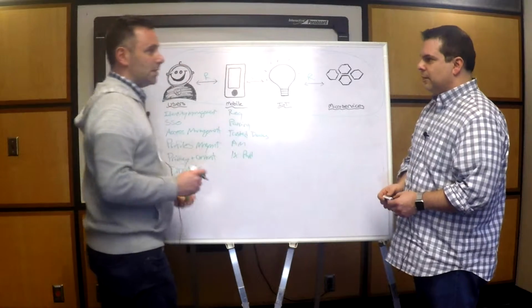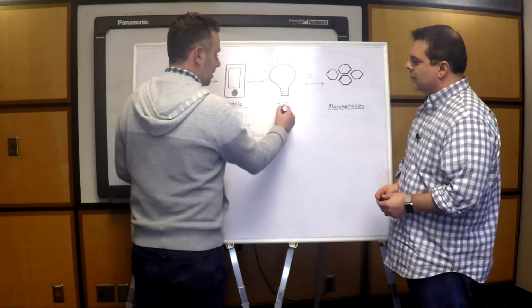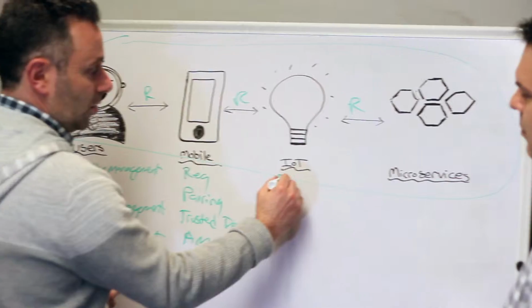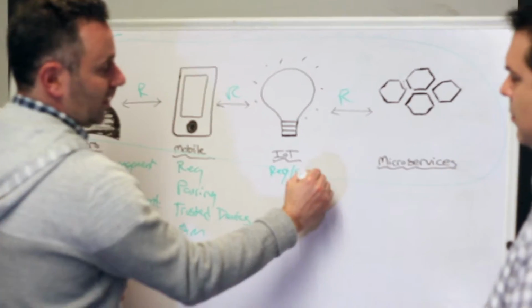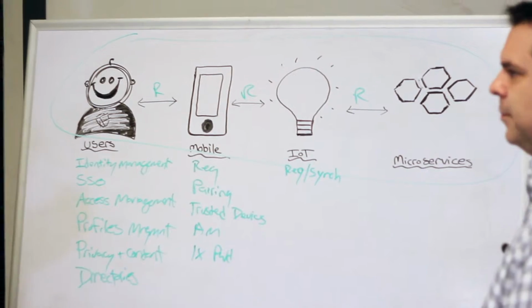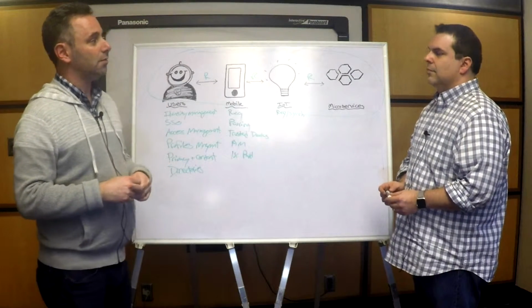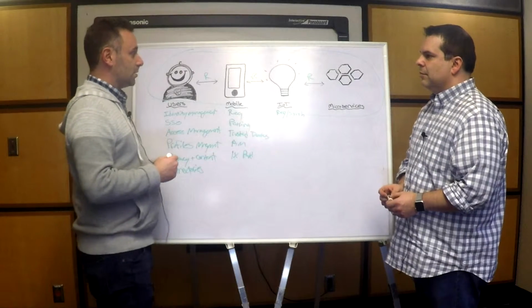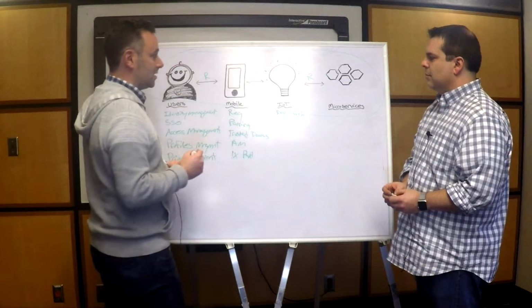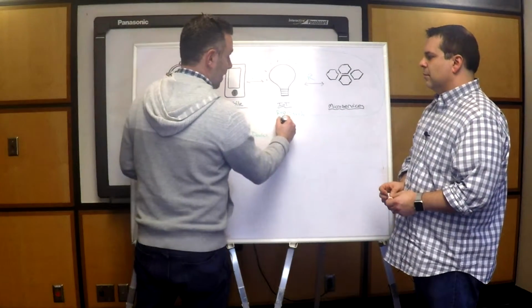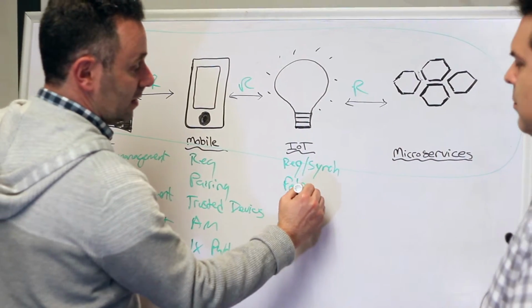And then you go to IoT, and you think about the same thing. There's a whole piece around registration and synchronization when new devices come online. And that doesn't have to be a smart mobile device. It could be a constrained device, speaking a protocol we've never heard of. So you get into registration and sync, and policy management around the device.